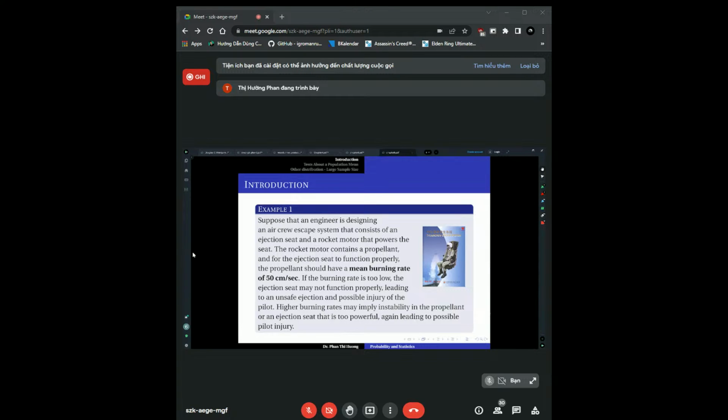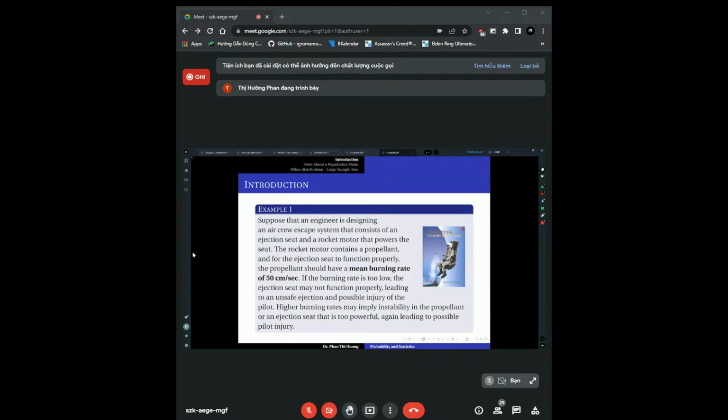Okay. So example 1 shows us a technical issue. The technical requirement is that the system must have a mean burning rate of 50 centimeters per second. If the mean burning rate of the propellant is less than 50 centimeters per second or greater than 50 centimeters per second, it still leads to possible injury of the pilots.